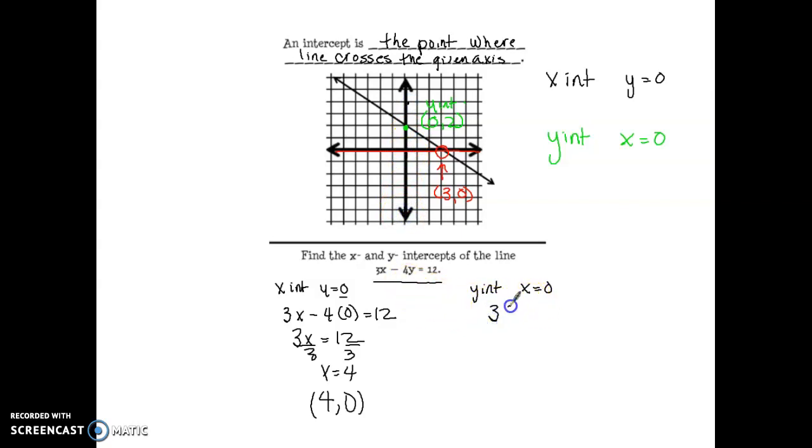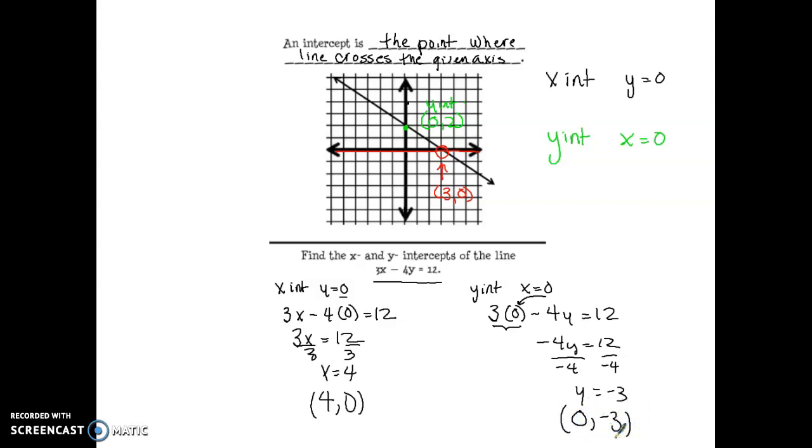You're going to have 3 times 0, use your brackets because you plugged in the value 0 for x, minus 4y equals 12. So when you simplify, 3 times 0 is 0, so that goes away. You're left with negative 4y equals 12. You divide both sides by negative 4, and y is actually equal to negative 3. So when x is 0, y is negative 3.